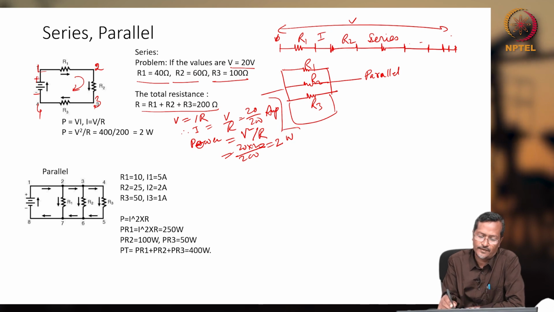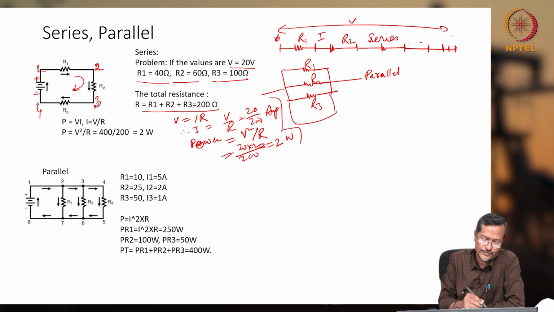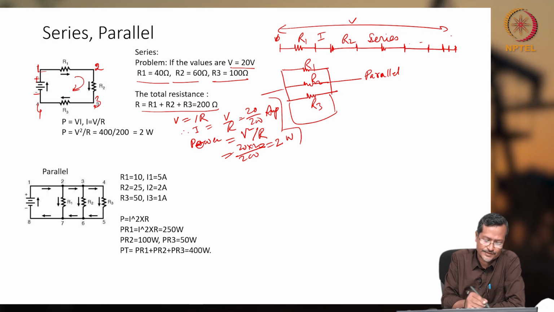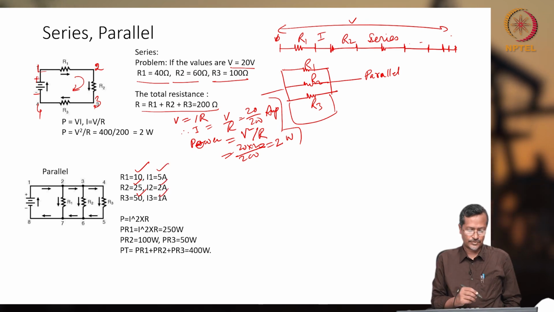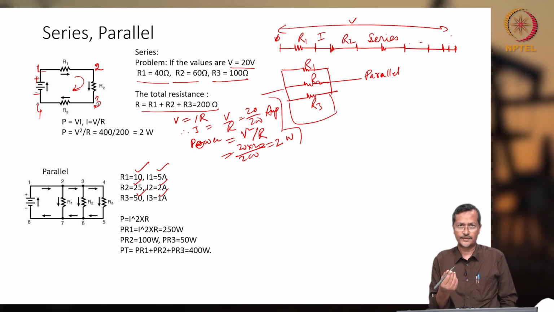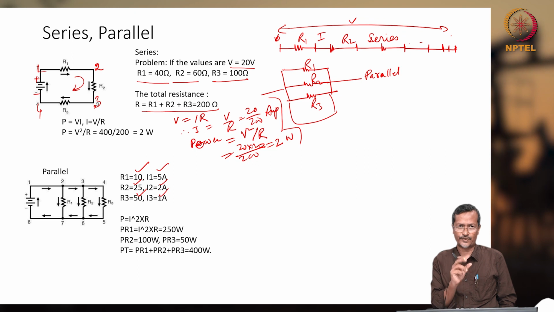This is a simple formula. If I calculate for parallel flow, parallel is here. In that case R1 is given 10, R2 25, R3 50, and different current values are also given. So you have to calculate the power from resistance 1, resistance 2 and resistance 3.